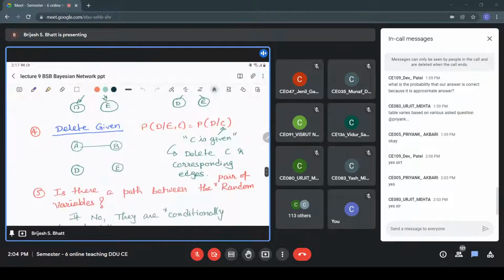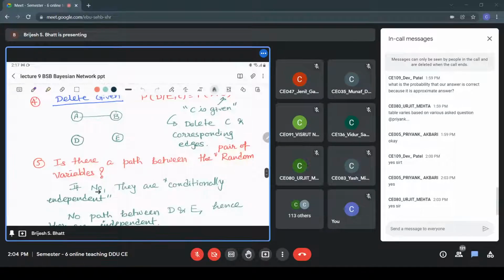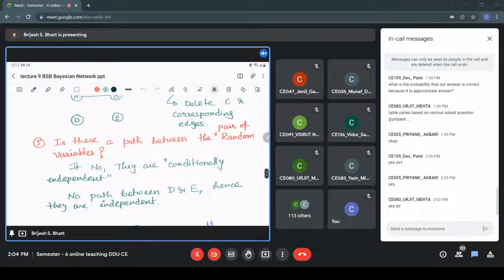And in the remaining graph, if there is any path between the pair of random variables for which the question is asked, then they are not independent. If there is no path, then they are independent. So in this case, there is no path between D and E, hence they are conditionally independent given C.